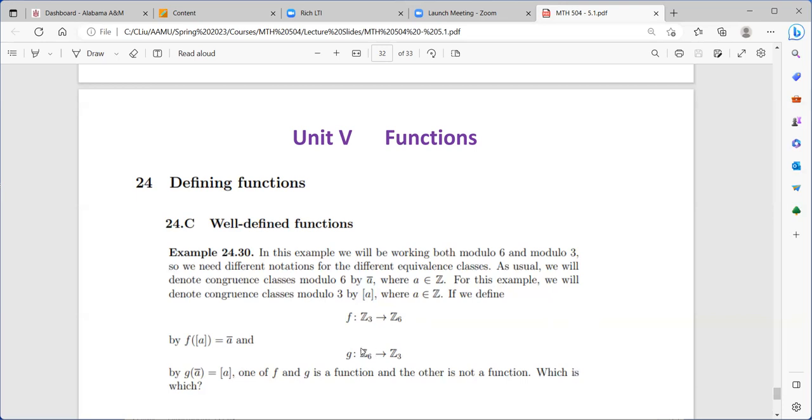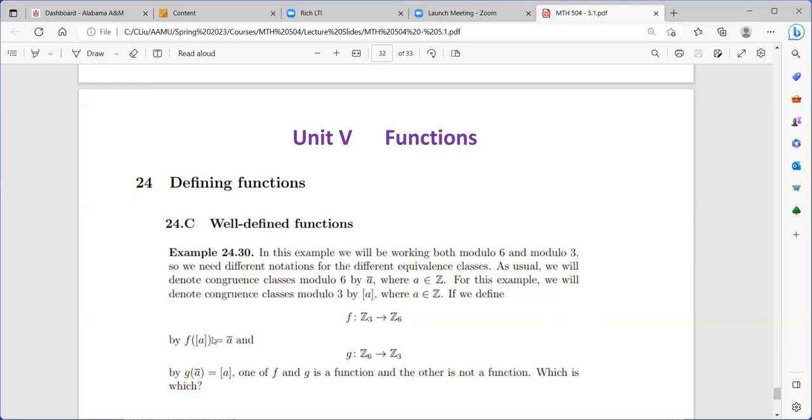To do that, as we know, when we define functions on congruence classes, any class in the domain can have different choices of numbers.